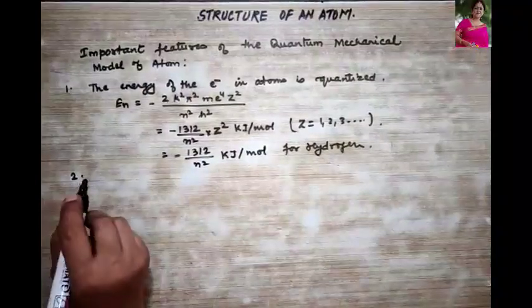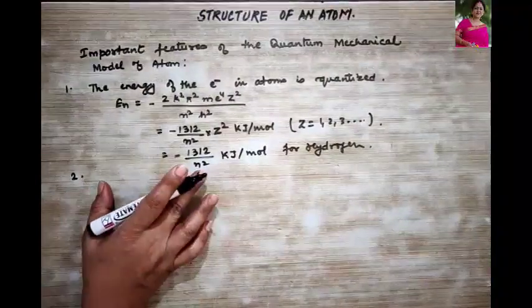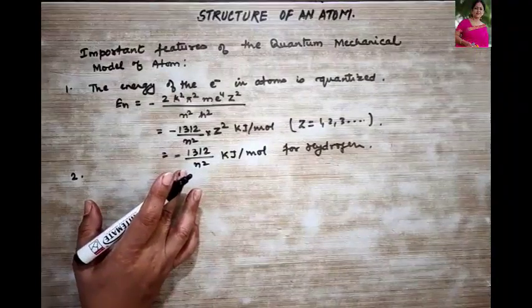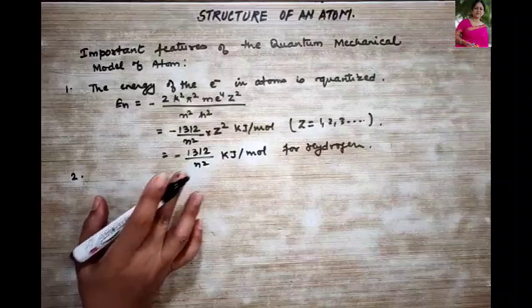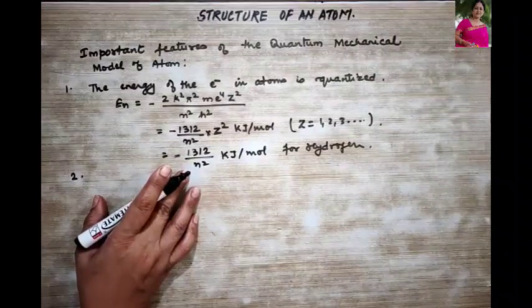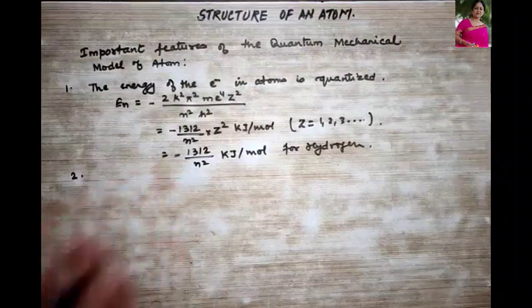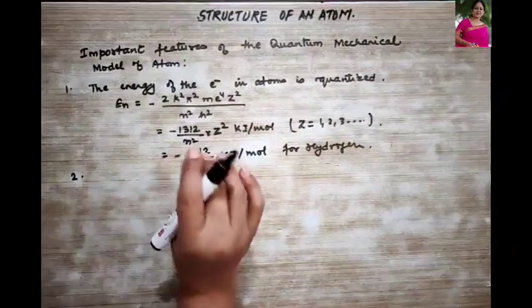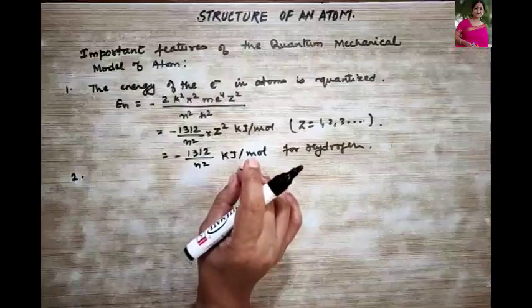Okay, now the second point about the model, that is, this model provides the most probable region in the atom where there is maximum probability of finding electrons.